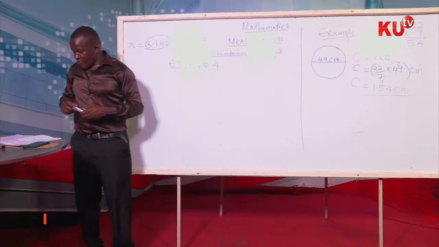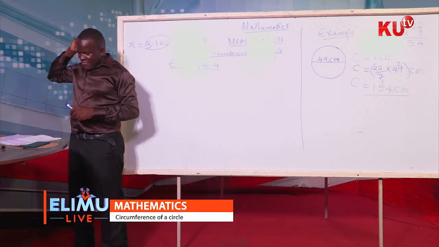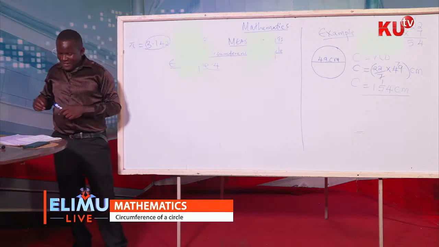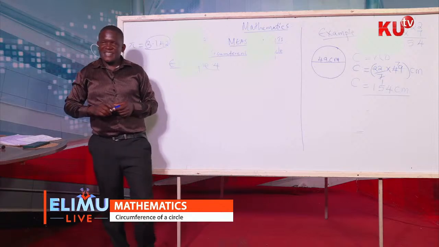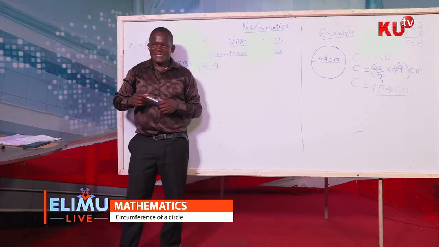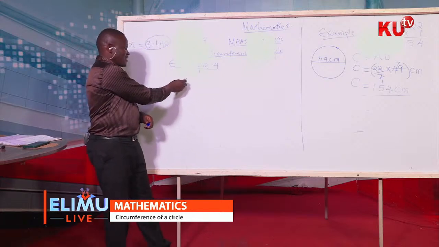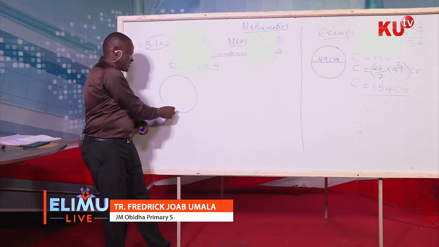In our example 4, we have the length of the minute hand. The length of the minute hand of a wall clock is 7.7 centimeters. So we have a wall clock. Let me draw it.